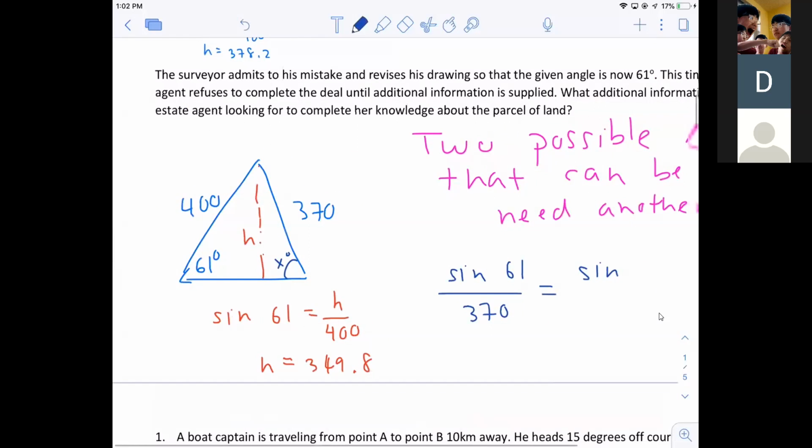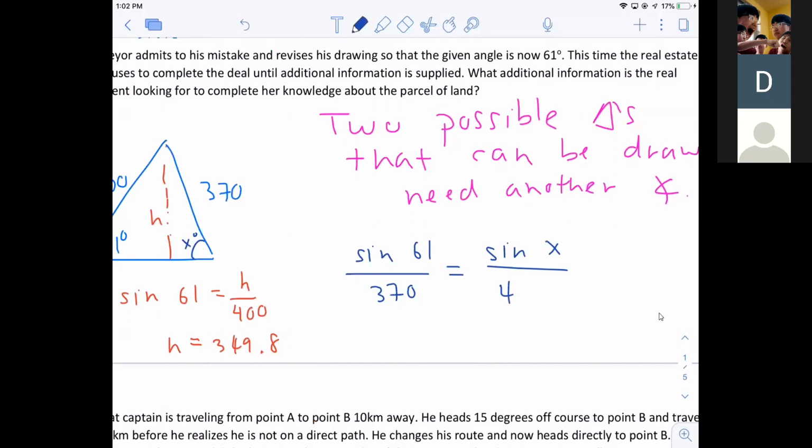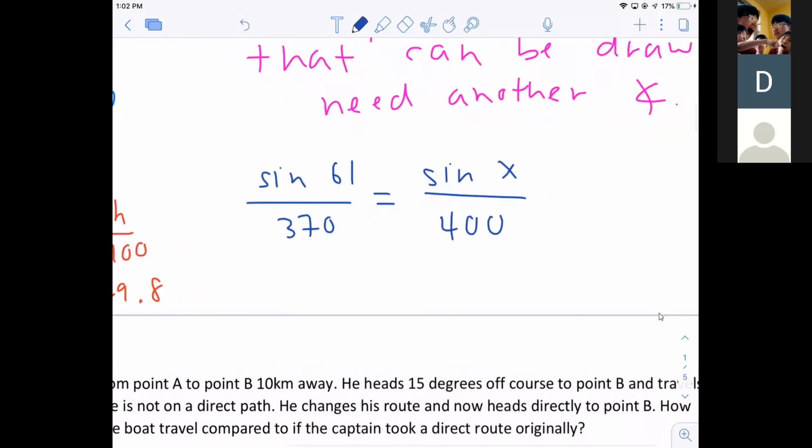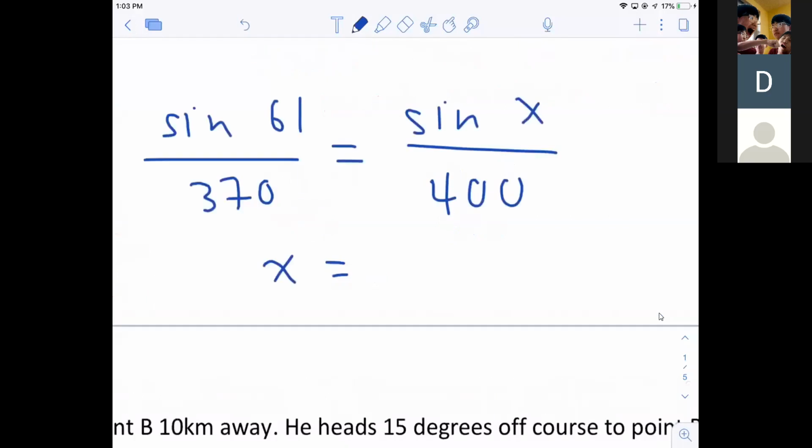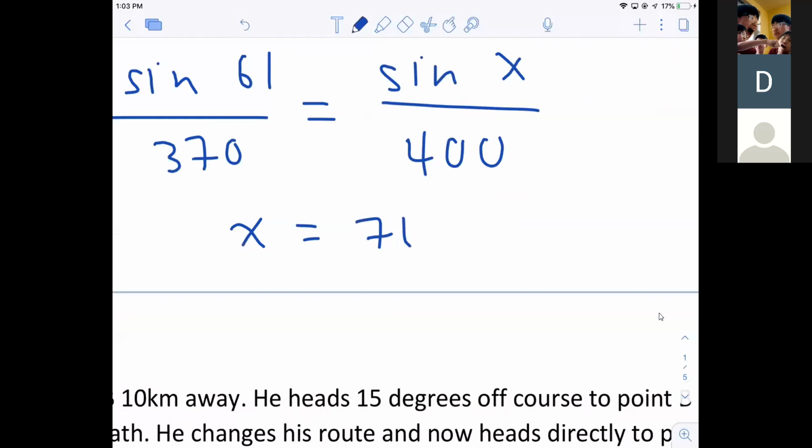So sine of x over 400. I'm going to do this all in one shot. Solving for x, x is going to equal sine of 61 times 400 divided by 370, and I'm going to take the inverse sine of all of that. And what we get for x is pretty much exactly 71 degrees.